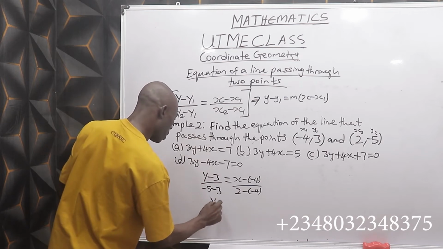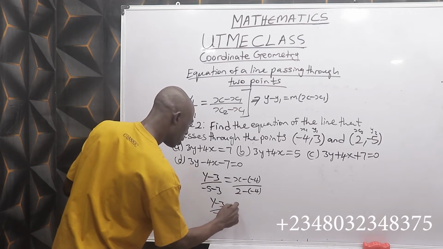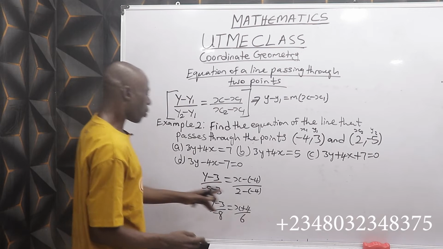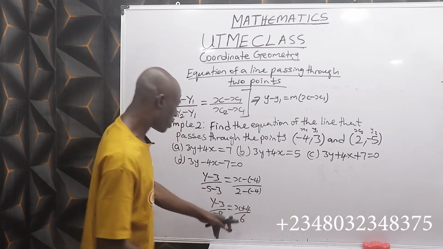So this will be y minus 3 over minus 8 equals x plus 4 over plus 6, because minus times minus is positive. 2 plus 4 is 6.